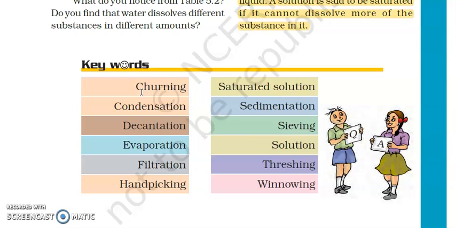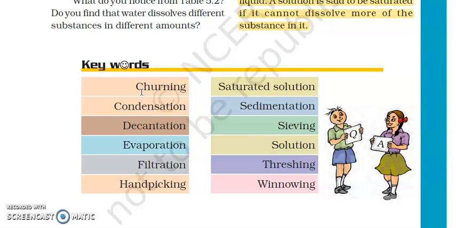Then decantation. Sedimentation and decantation is a method of separation in which two substances can be separated by dissolving in water.